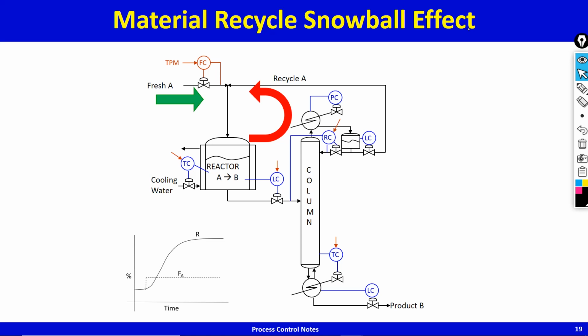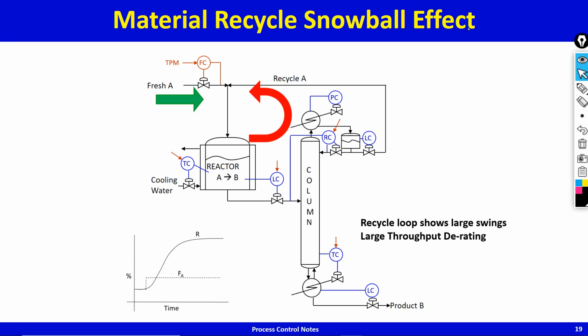And if the recycle rate varies a lot, all the equipment in the recycle loop will experience large changes in flow, and that's not good. In fact, very likely the column may flood, and if it's a sieve tray column, it may weep. So equipment will start hitting operational constraints because the recycle rate is showing large swings.